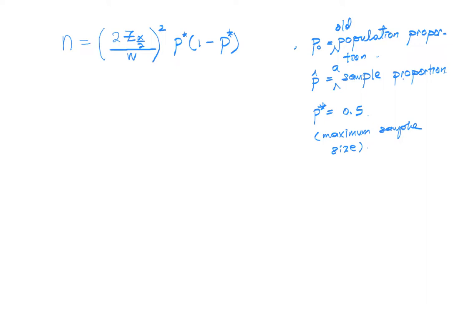Now, if the all population proportion is given and a sample proportion is also given, which one should I use? I have to ask myself: is the all population proportion outdated? If it's outdated, then I cannot use it. I have to use the sample proportion to help me judge the minimum sample size.